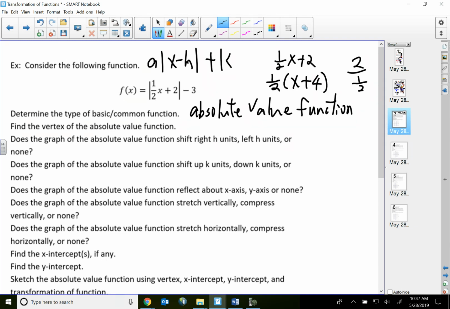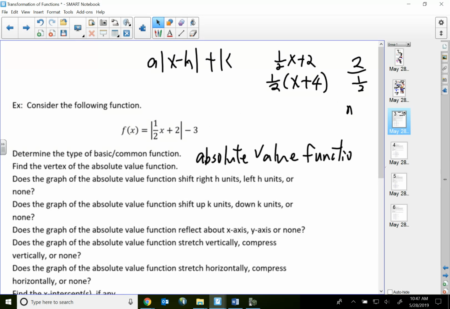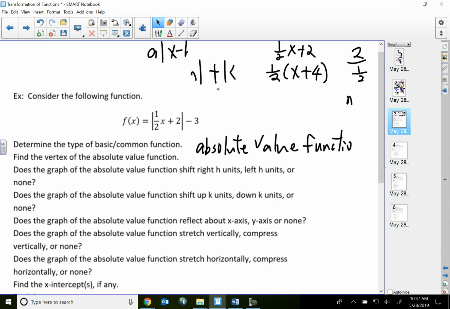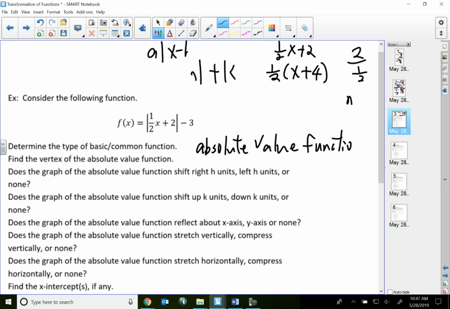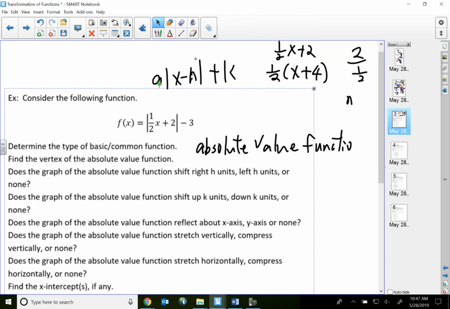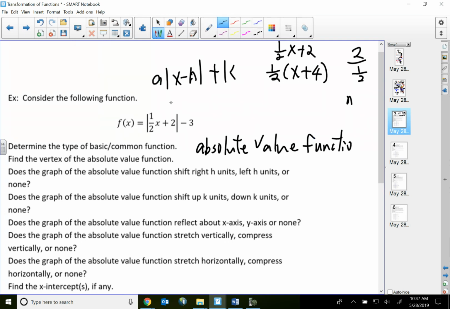So what's inside the absolute value can be rewritten as the absolute value of half times x plus 4, then minus 3.